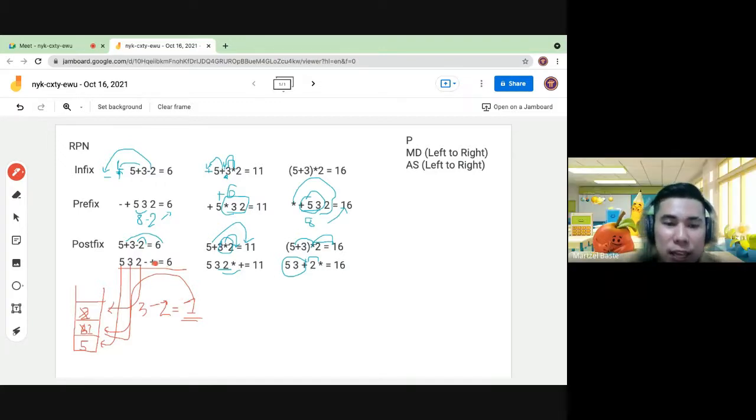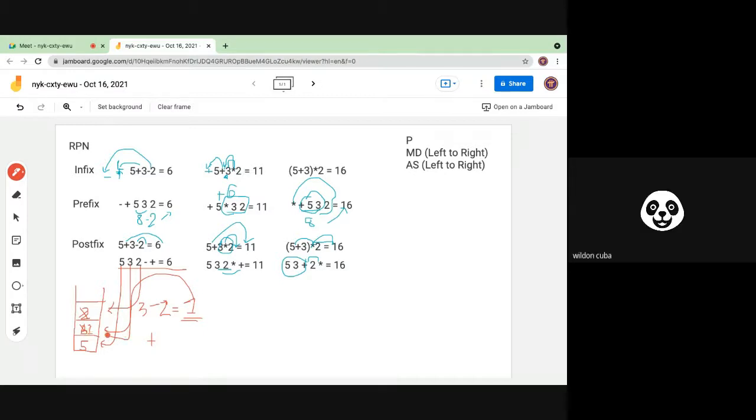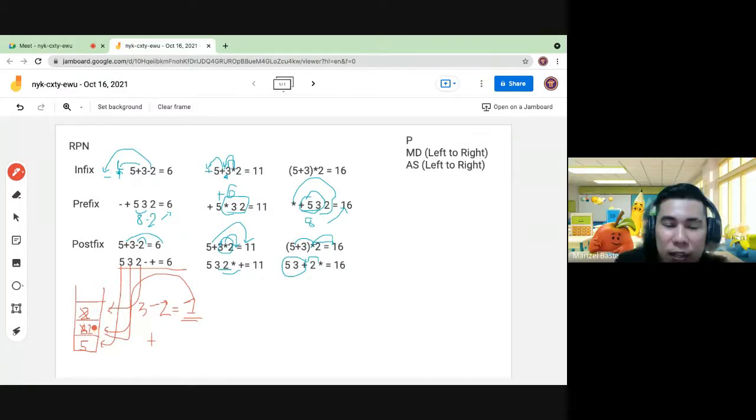Now, unsay next na basa? Plus, sir. Okay, very good. Plus. So kay plus man, unsay buhaton sa program? 5 plus 1 na, sir. Okay, i-pop niya ang two topmost.